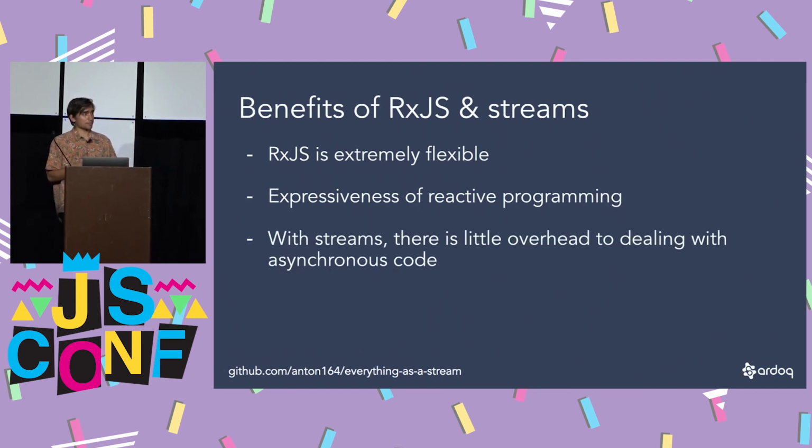And perhaps the most important point is that with streams, there is very little overhead to dealing with asynchronous code. Because once you embrace streams, then everything can react to anything at any point in time. So you don't really care about whether it's sync or asynchronous. I think in JavaScript, at least I've often heard that we treat async as a problem that we want to contain. But with reactive programming, it just becomes seamless to deal with it.